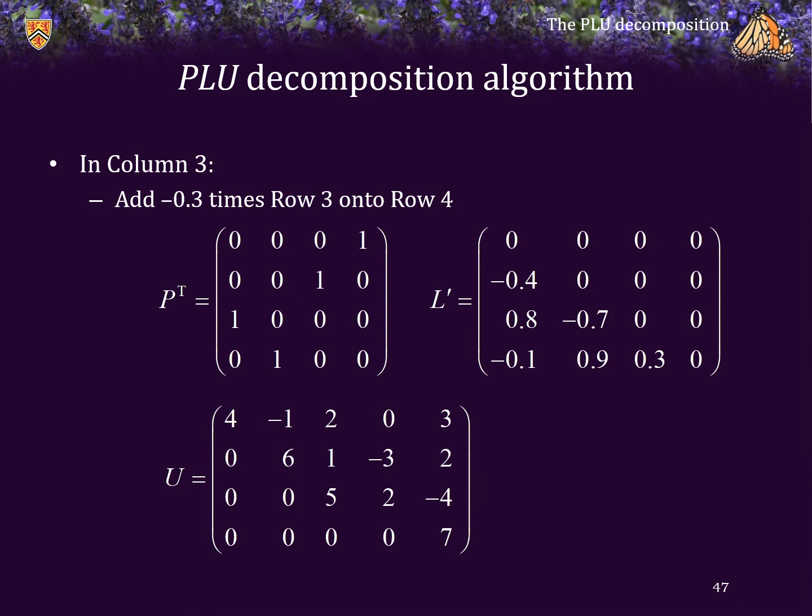All right, so here we see now that the matrix U is in row echelon form, and therefore we are now finished.